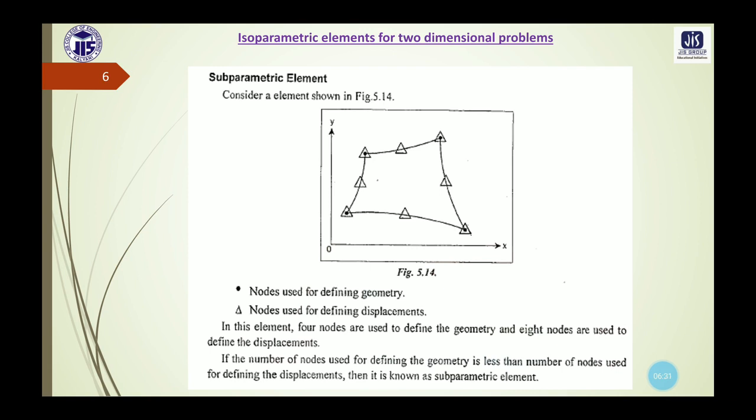So that means if the number of nodes used for defining the geometry is less than the number of nodes used for defining the displacements, then it is known as the subparametric element. So these are the differences between the isoparametric, superparametric and subparametric elements.